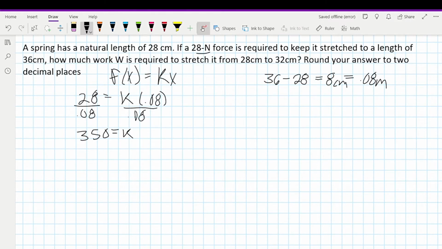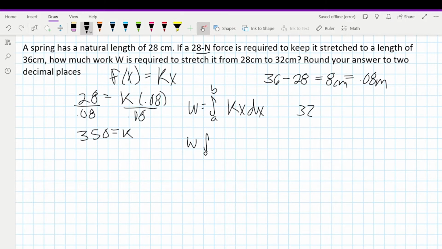For the integral, work is equal to the integral from a to b of kx dx. To find our bounds, it's going from its natural length of 0 to its new length of 32 centimeters.